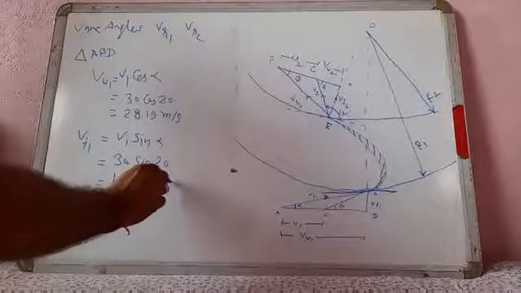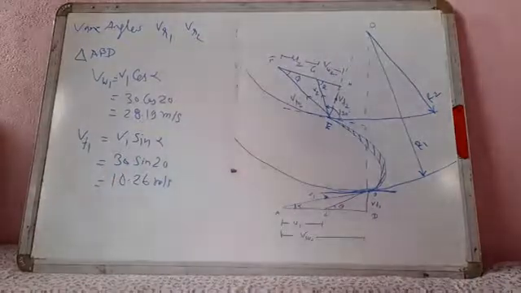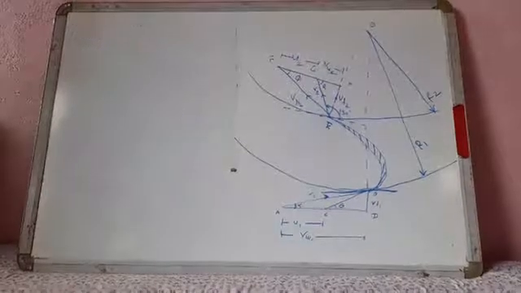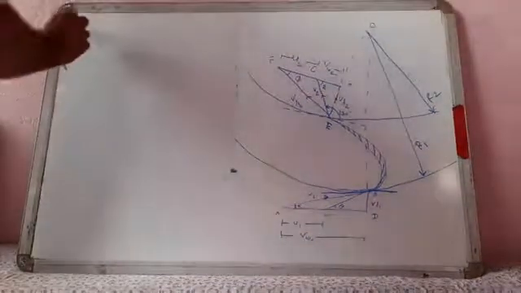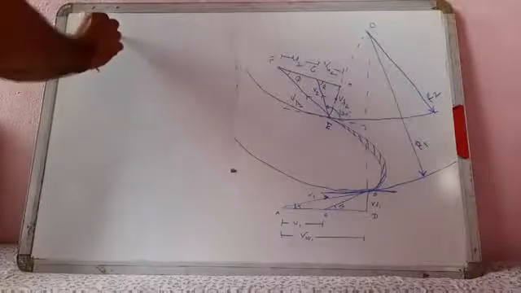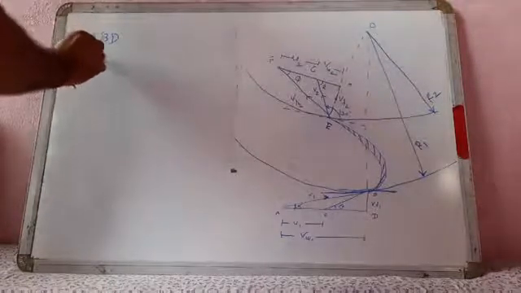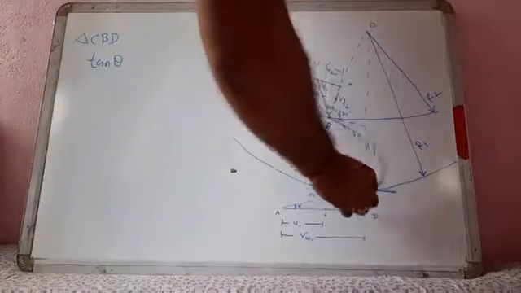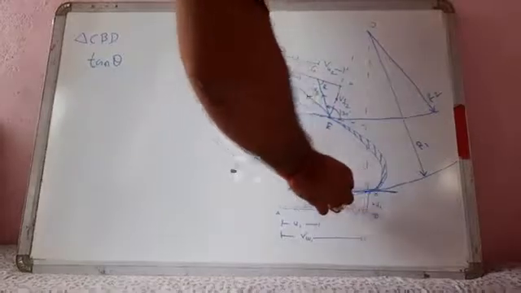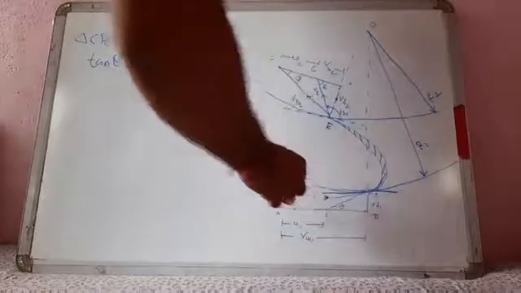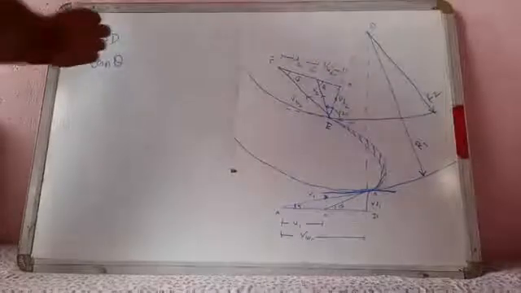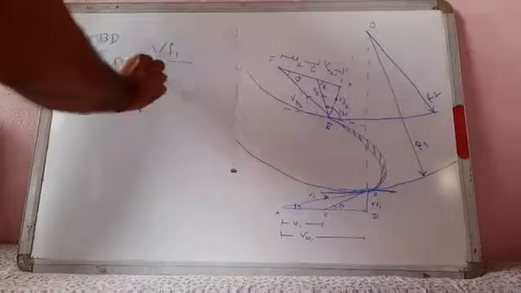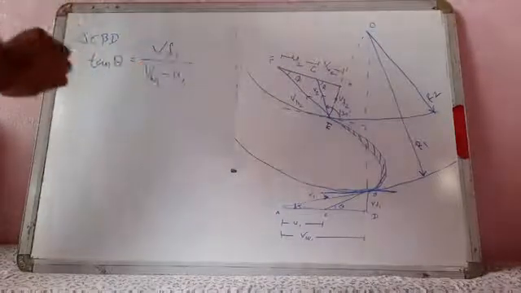this comes to 10.26 meters per second. Now in the triangle CBD, tan theta equals VF1 by CD, and the value of CD is VW1 minus U1. So tan theta is VF1 by VW1 minus U1.